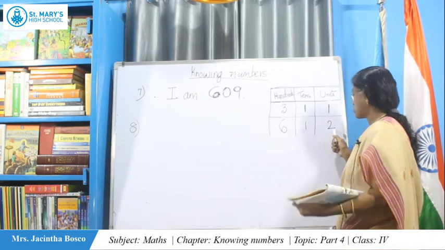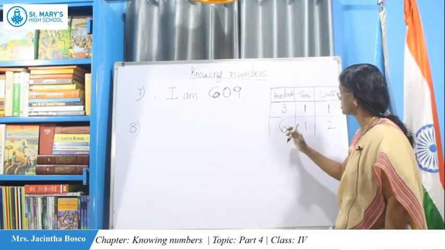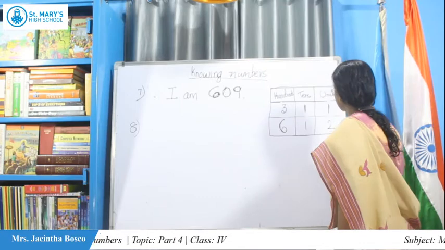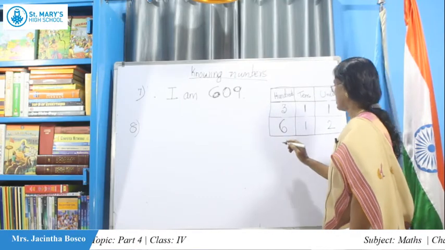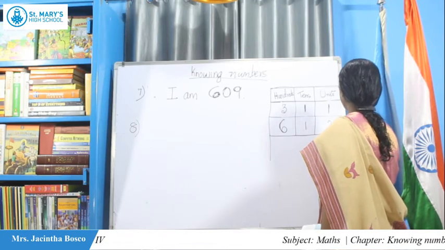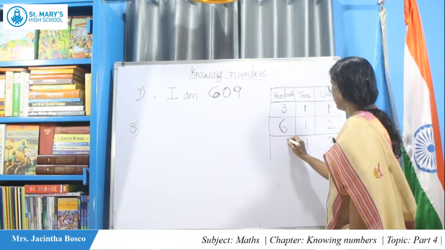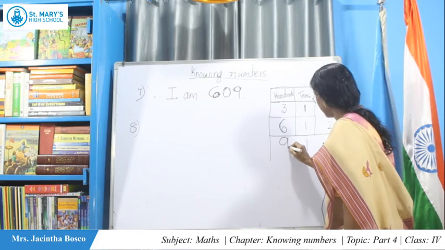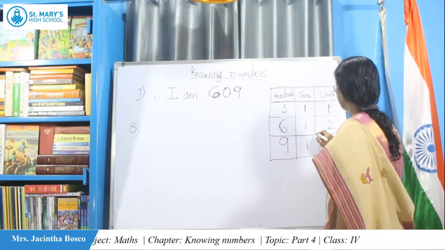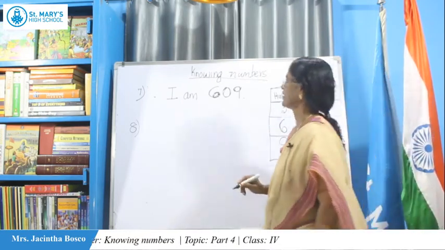See, units digit is 2. Triple you have to make in the hundreds digit. That is 2 3s are 6. So what is the number now? 612. Suppose if I put 3 here and tens digit is 1, what will be in hundreds digit? That is 9. Say the number. 913.